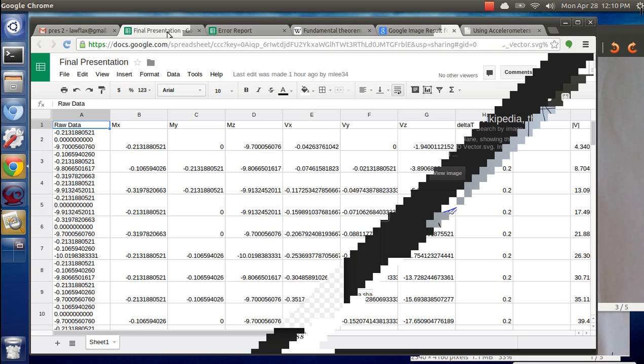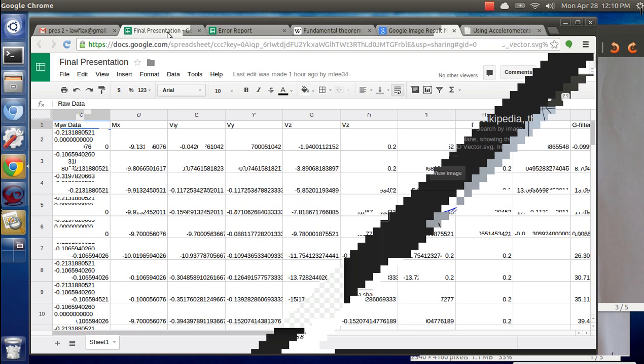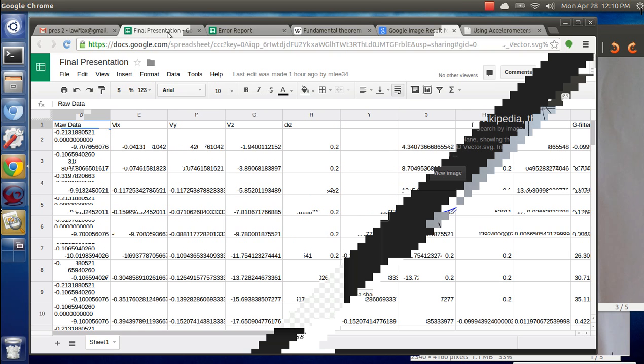And here is where I do all my calculations. For the very first instance, that first rectangle, we're just assuming we started at rest, and for my testing purposes, that's what I tried to do.